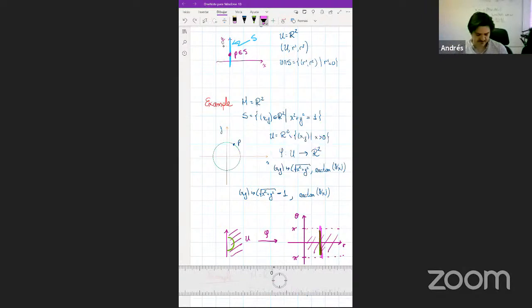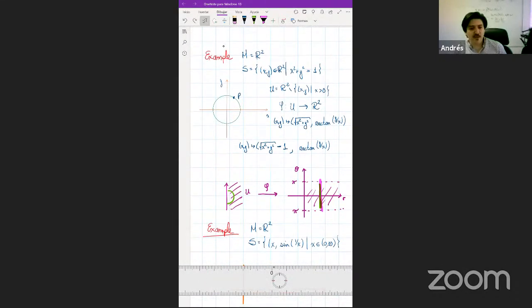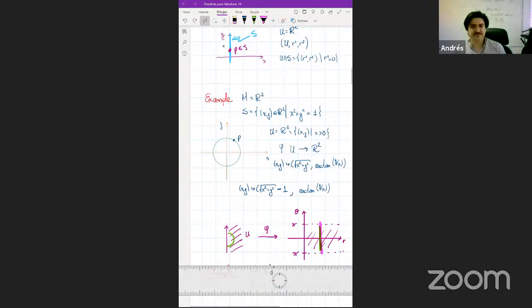Okay, so this is done for this example. I want to cover another example. Well, first, are there any questions here? Okay, so let's move on then.